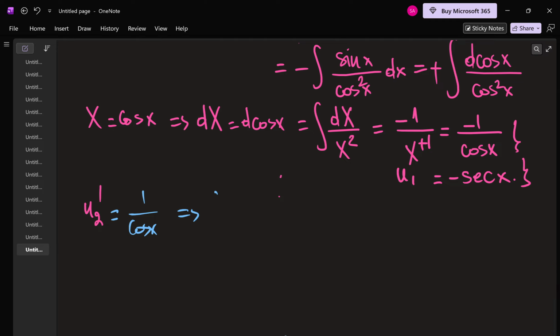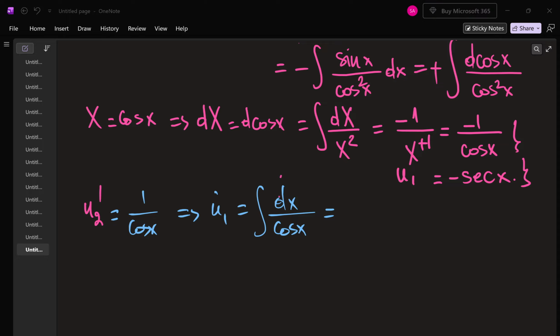So this implies that u1 is equal to the integral of dx over cosine x. And what is the integral of this function? Please remember to use the substitution. So let's do it so you remember the integration. This is a revision to the integration.